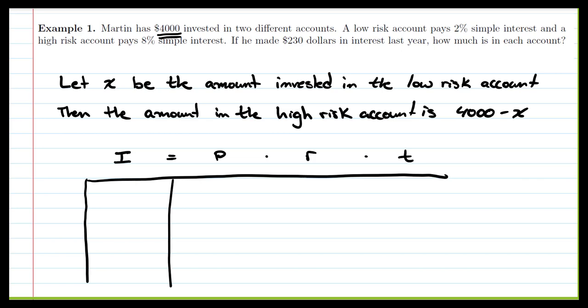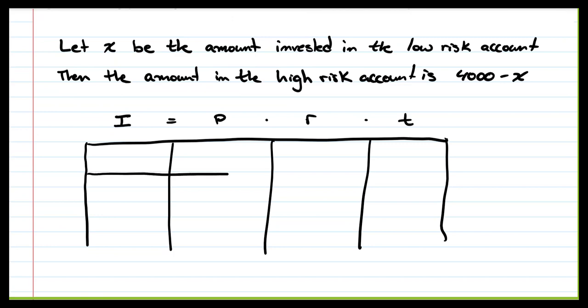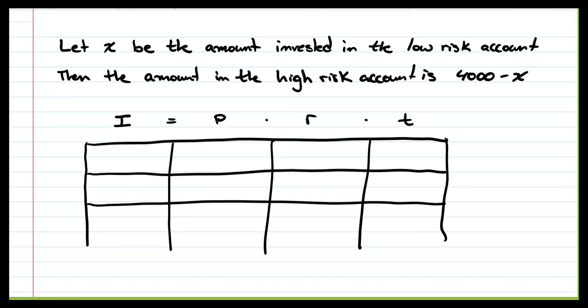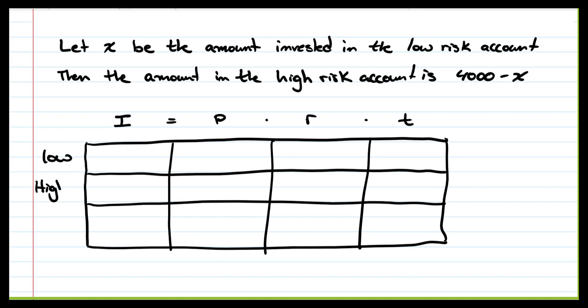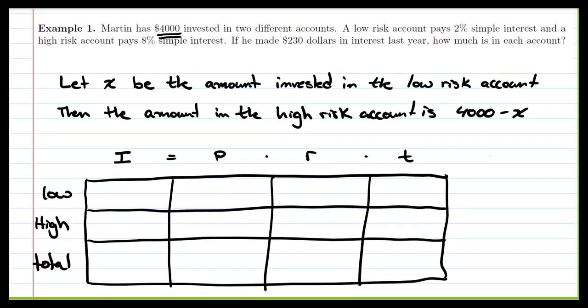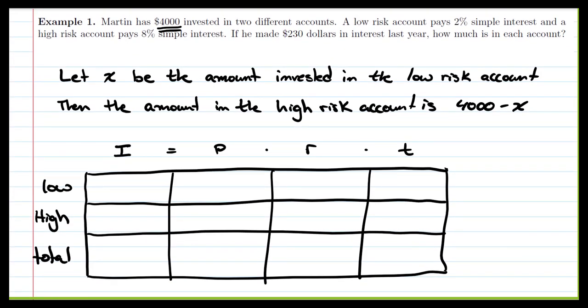So I'm going to have 1, 2, 3, 4 columns, and then I'm going to get a row for each of my accounts. So I have my low risk account, I have my high risk account, and then I'm going to have some information about the totals.